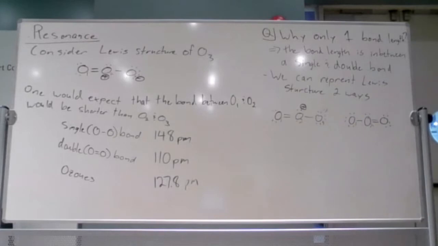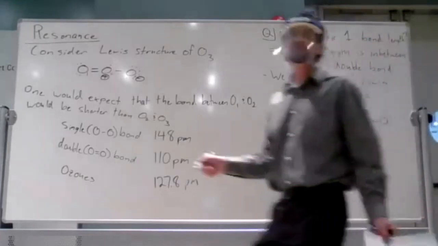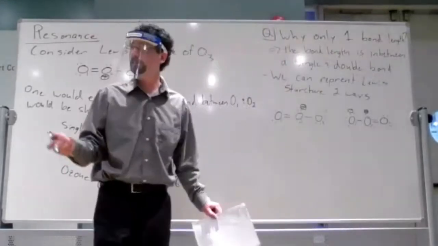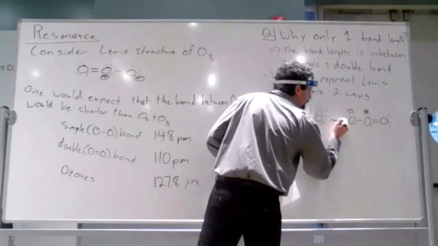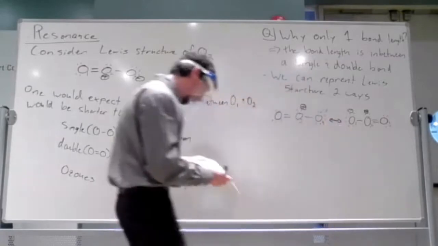What am I missing on here? Yep, charge on 1. Yep, charge on 2. Yep. 3, 0. Which one's correct? Both and none, depending on what way you look at it. These are known as resonant structures. The way that we denote this is we draw the two structures and we show a double-headed arrow.